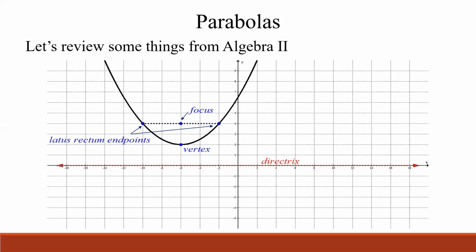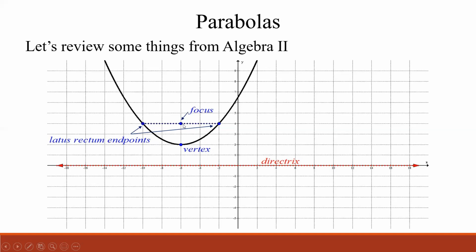So we know what a parabola looks like, and some of these words might sound familiar, they may not, but you should definitely remember that a parabola has a vertex. For most of the ones you talk about in Algebra 2, they're either a minimum or a maximum point. So you see where the vertex is right here. But they also have a couple different things going on too.